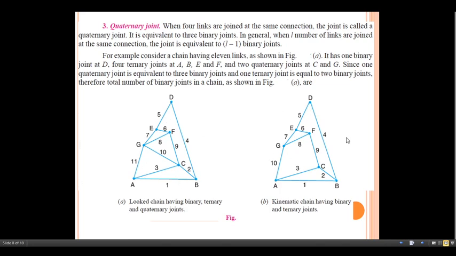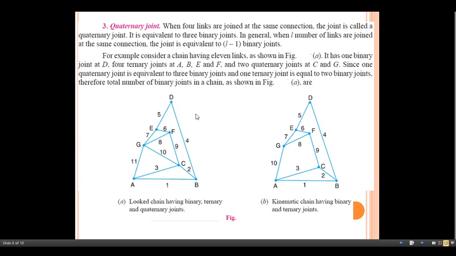Initially just focus on this mechanism. Since one binary joint is available here, apart from this one, just count the ternary joints as well as quaternary joints.